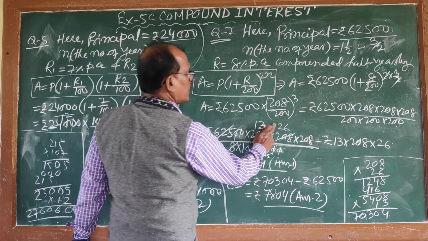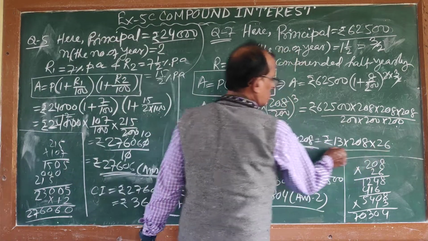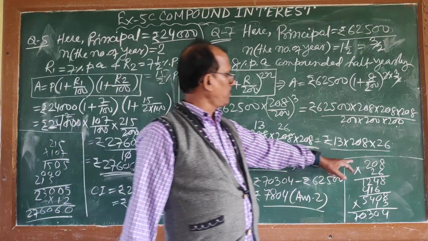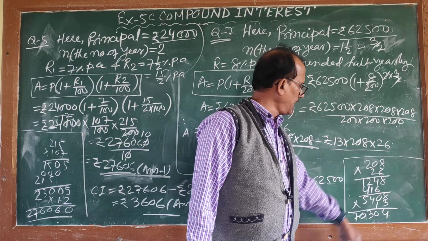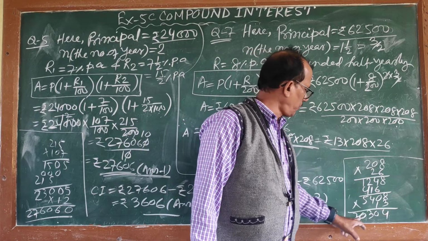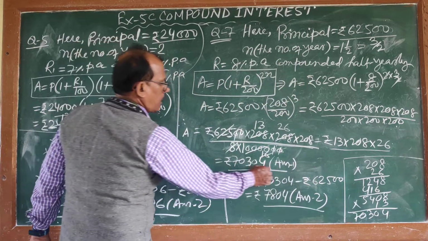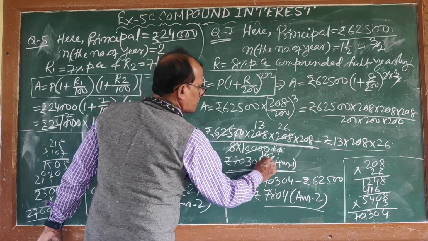Now 13 into 26 into 208. Now the calculation is very simple. If you multiply 208 by 26, it will become 5,408. If I multiply that by 13, you find 70,304. Therefore, the amount will become 70,304. That is the first answer of this question.